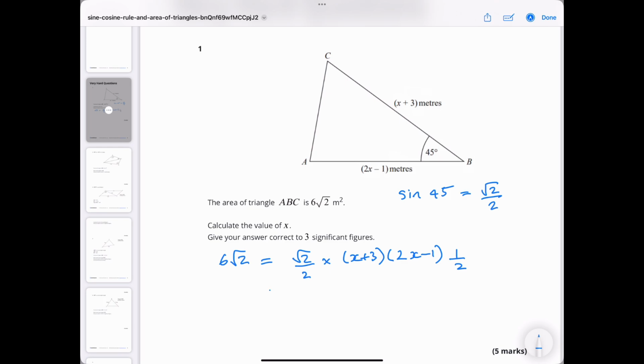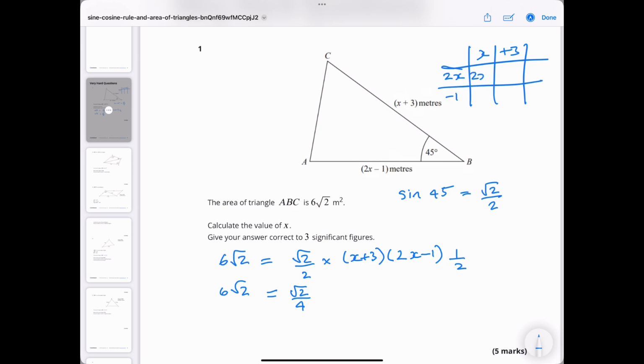So that means we end up with 6 root 2 equals root 2 over 4 times x plus 3, 2x minus 1.